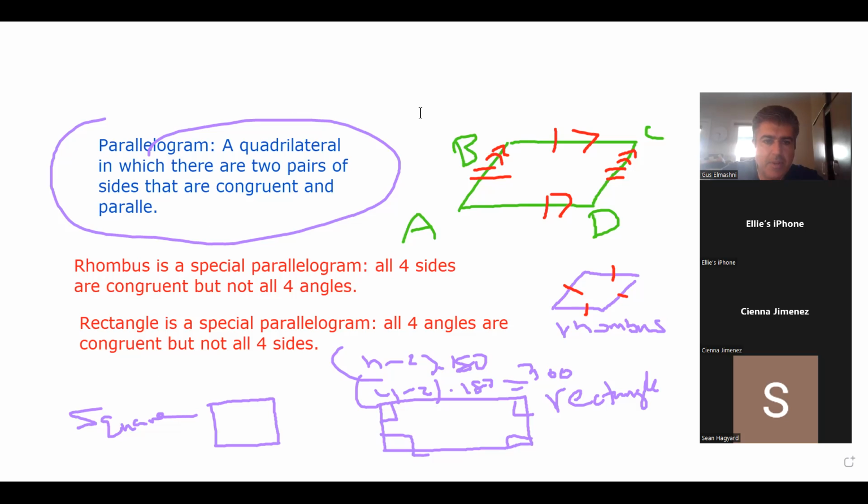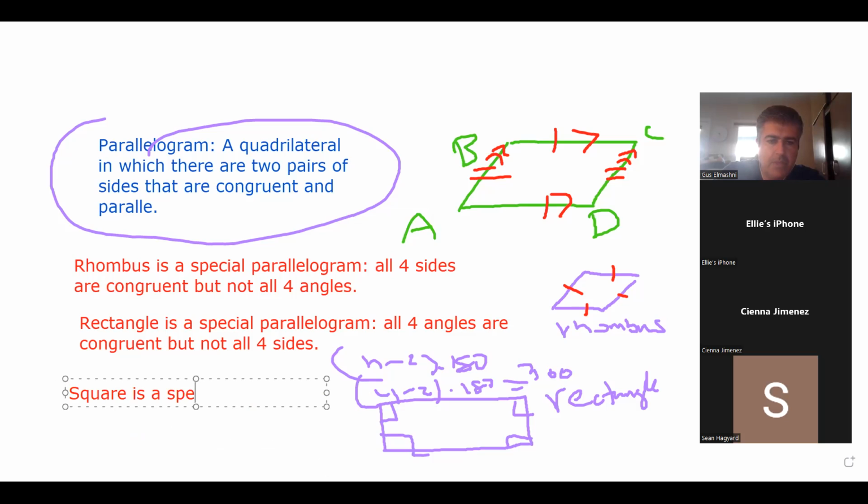A square is very special. All four sides and all four angles are congruent.